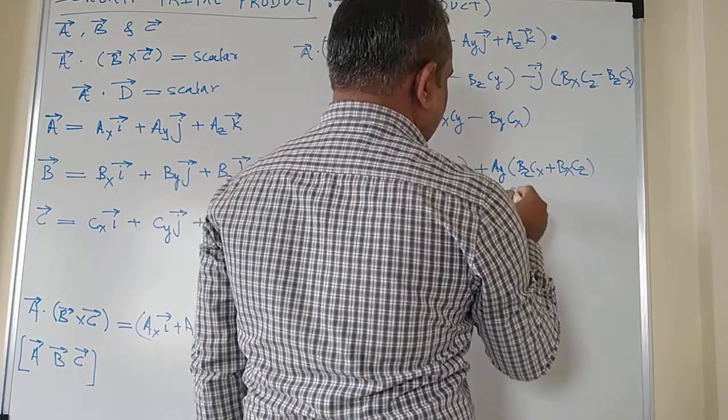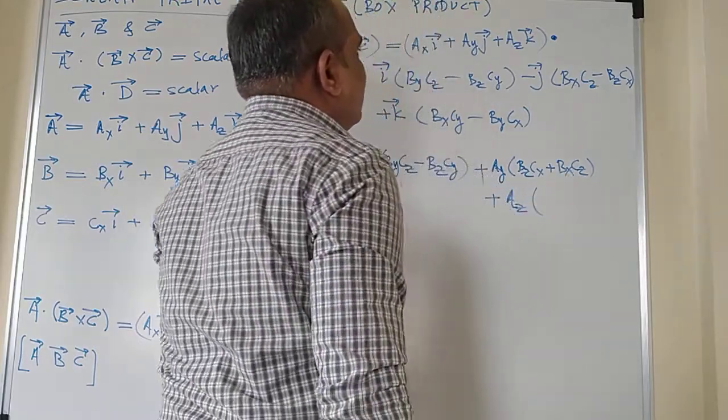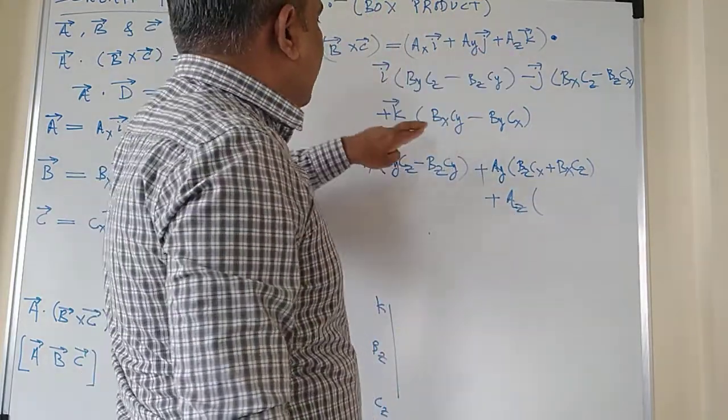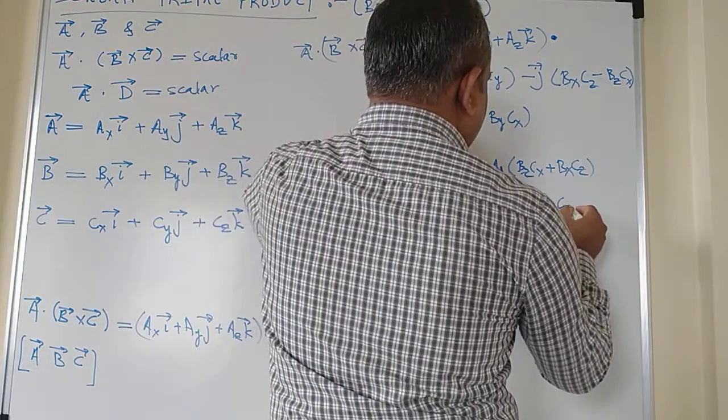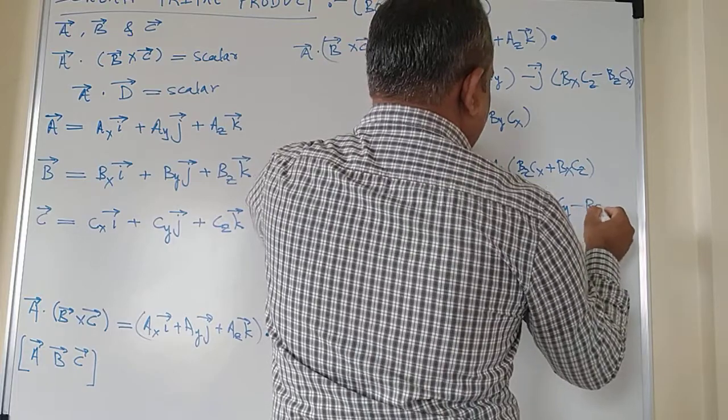Similarly plus az into, now az into k bar will be bx cy minus by cx.